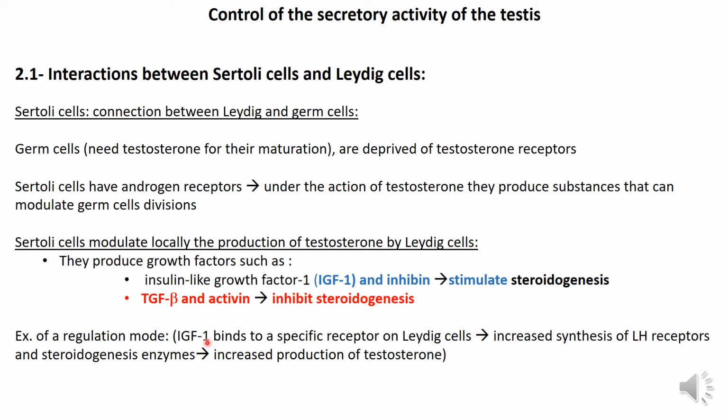Also, the IGF-1 increases the synthesis of steroidogenesis enzymes, so they will increase the synthesis of the enzymes involved in the production of testosterone. In this way, the Leydig cells become more responsive to the LH, and they will be able to produce more testosterone.